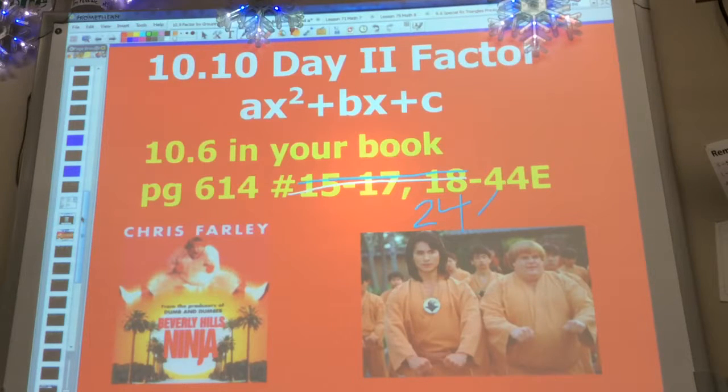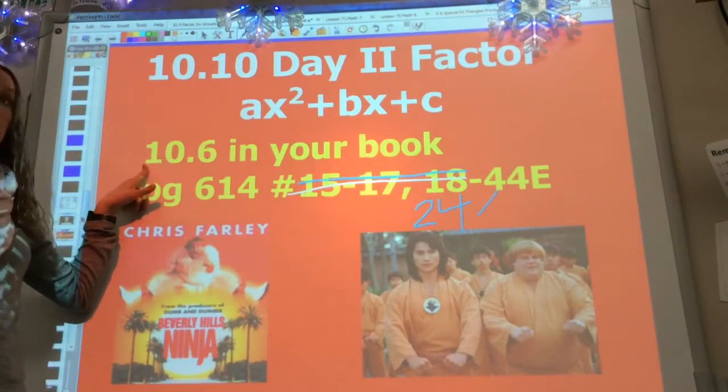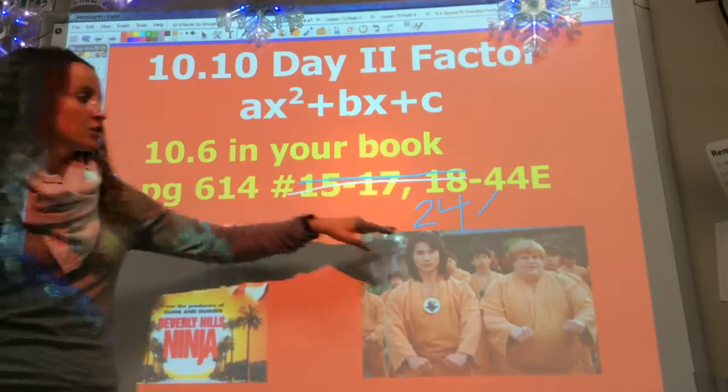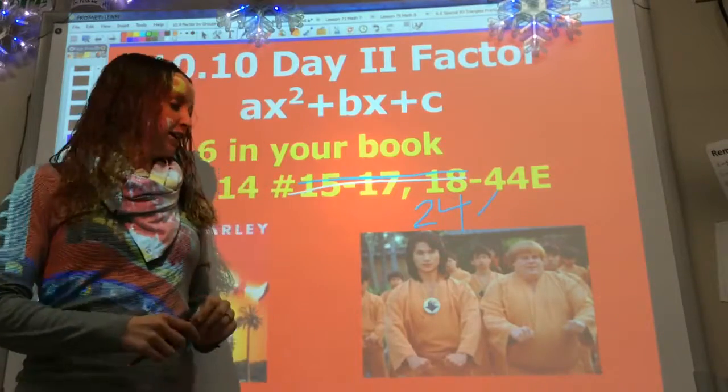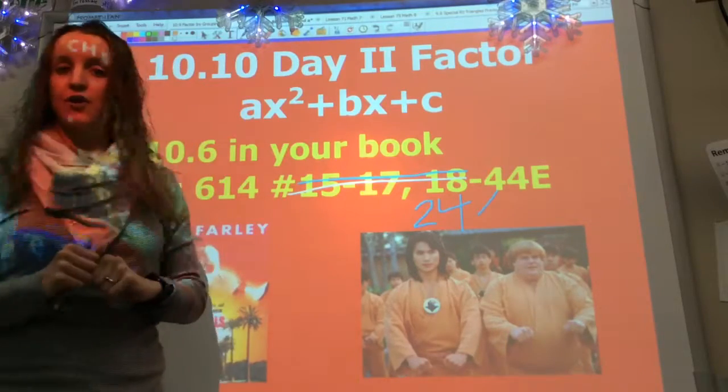Online. Raise your hand for book. Raise your hand for online. Okay, we got a book. You can take a picture. We have 10 questions in your book. Page 614, 24 to 44 evens. And for those gone, I will take a picture of that and send it to you. So, thank you.